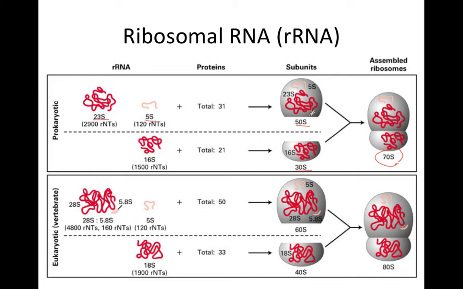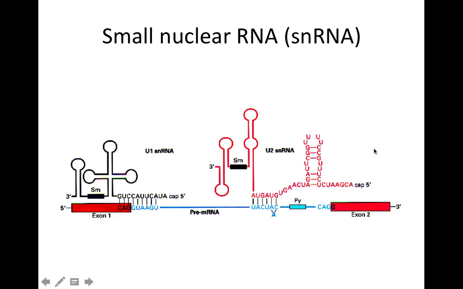You don't say 50S plus 30S equals 80S, okay? 70S is the condition at which this entire ribosome was isolated. So it's not a product of the addition of a 50S and a 30S, okay? These are experimentally derived conditions, and consequently, they were the ones used to name the assembled components as well as the individual subunits.